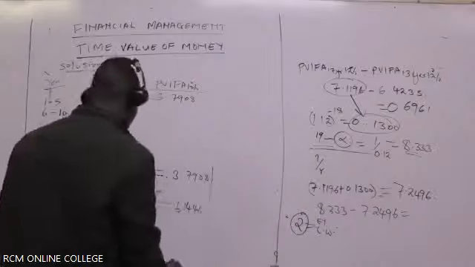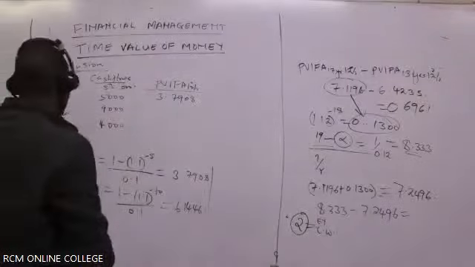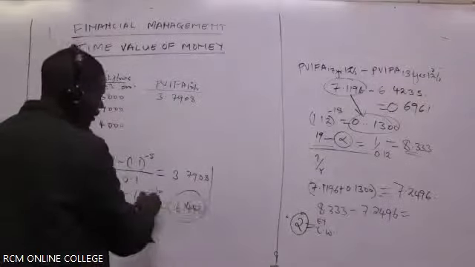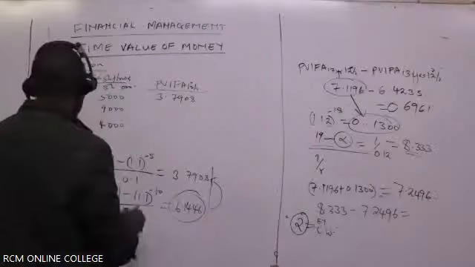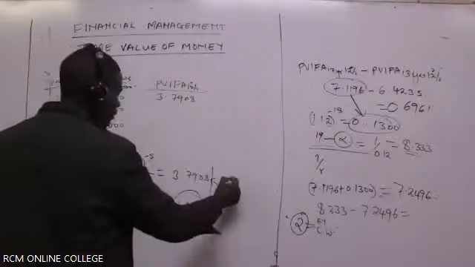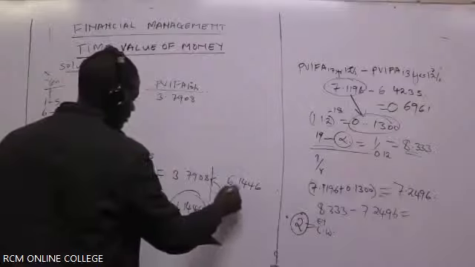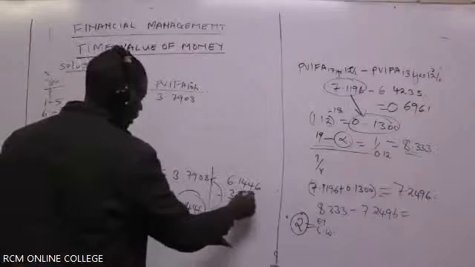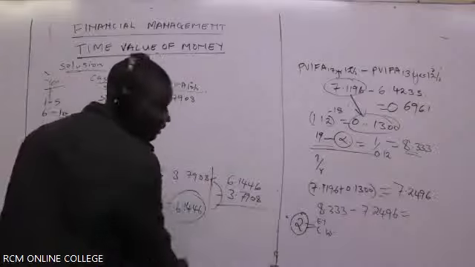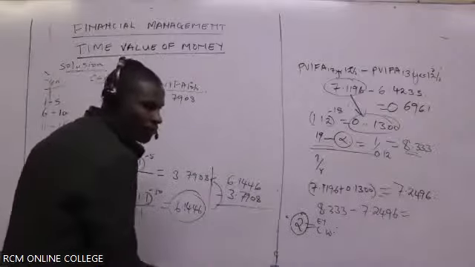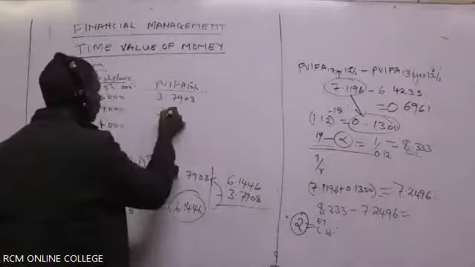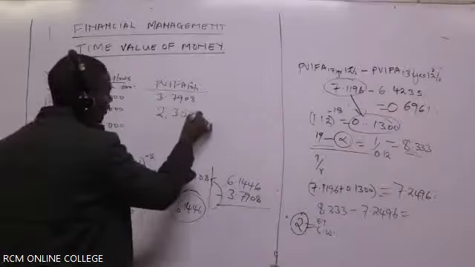So for us to get the range between 6 and 10, we take this for 10 years, we less this for 5 years. So it will be 6.1446 minus 3.7908. What do you get? 2.3538.